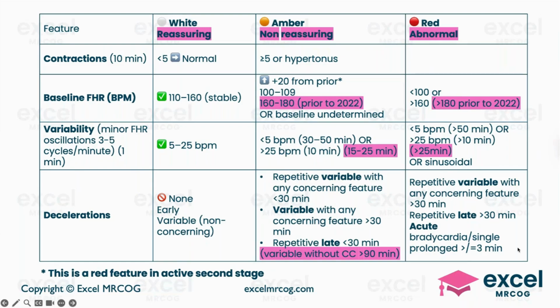Now the third feature, which is very simple and remains the same in both guidances, is acute bradycardia. A single prolonged deceleration which is more than 3 minutes is always red, meaning it's just not coming up for more than 3 minutes.